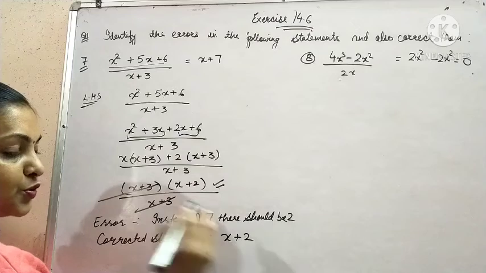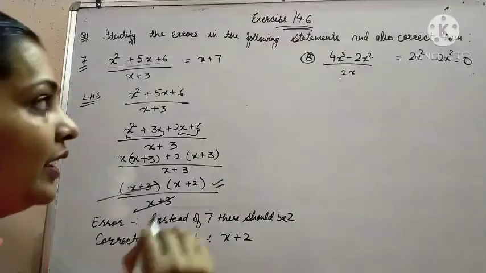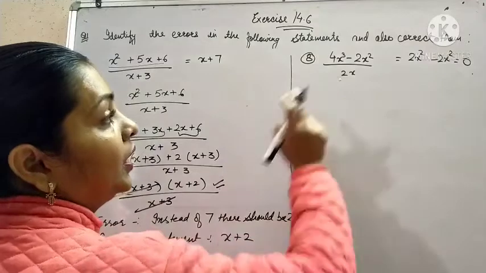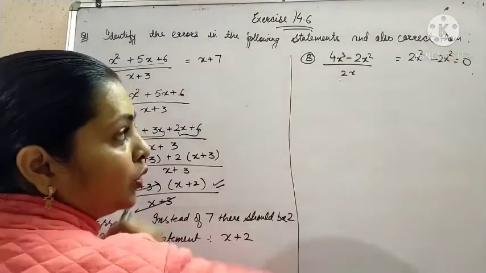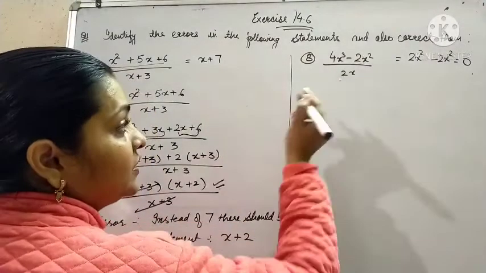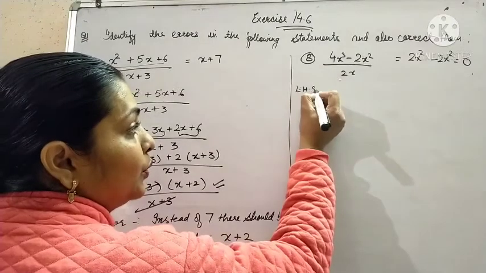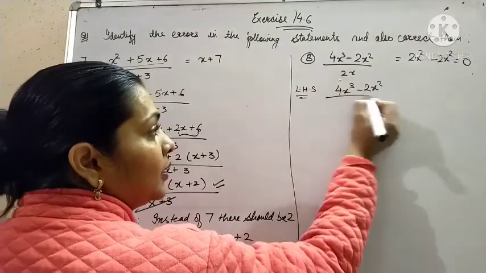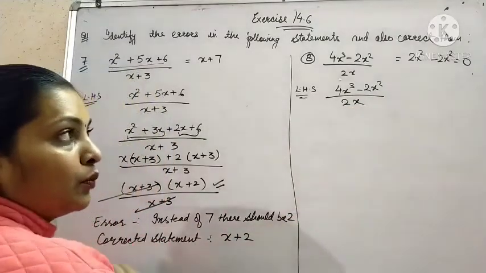Now let's solve question number 8. In this, a monomial is given, and whenever a monomial is given for division, what you have to do is divide each term separately by that monomial.